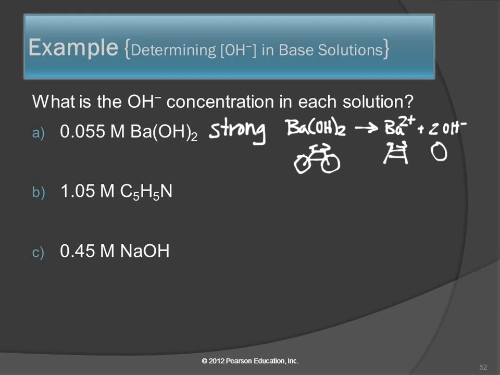And we've got 2 wheels, right? For every barium hydroxide that ionizes, we get 2 hydroxides. It's a strong base. It comes apart completely. All the bicycles come apart. All the wheels come off the bicycles. But we end up with twice as many wheels as we had bicycles, because each bicycle had 2 wheels on it. Does that make sense?